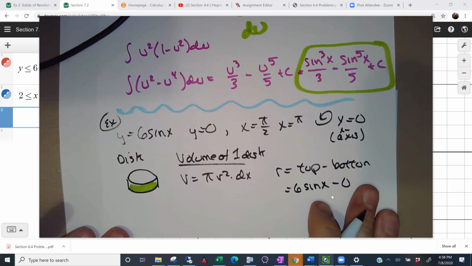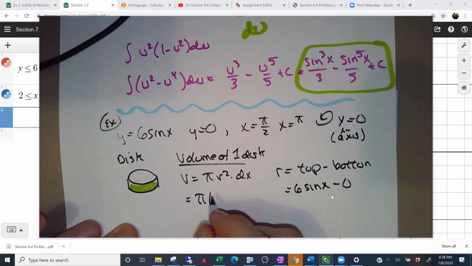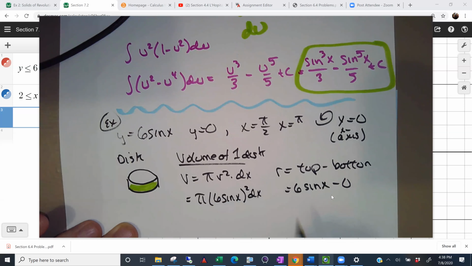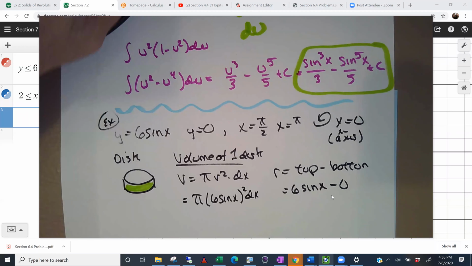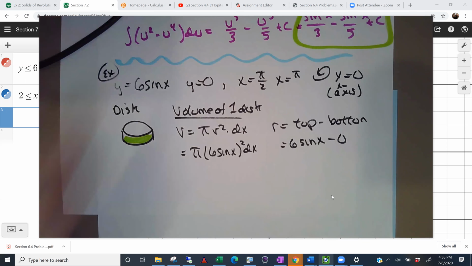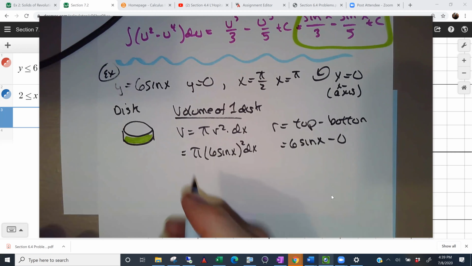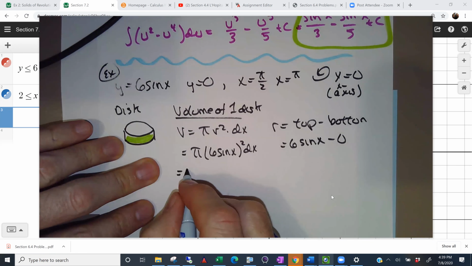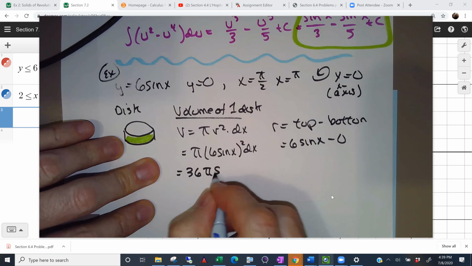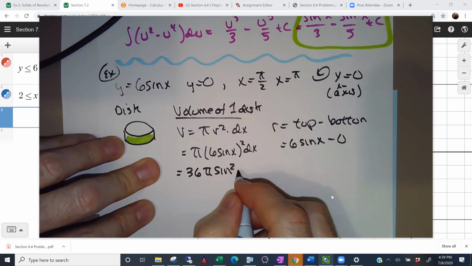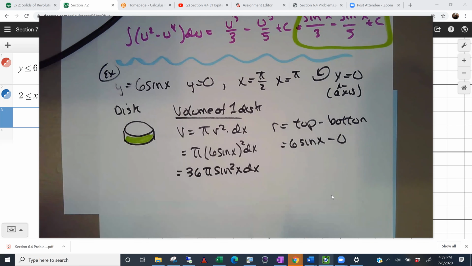So I'll end up with pi times 6 sine of x squared dx. The nice thing about this problem is that it's also a review of some of the work you did in section 6.2. So it gives me 36 pi sine squared of x dx.